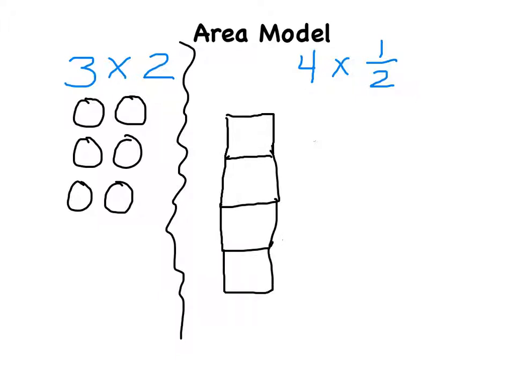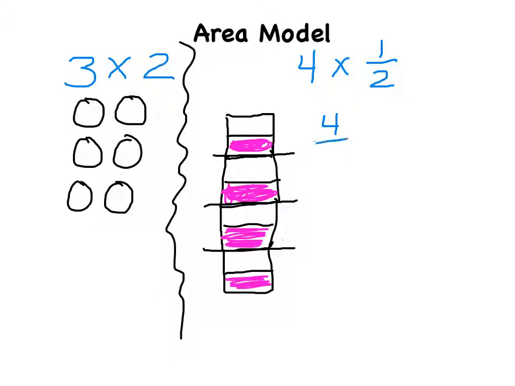But this time we only need a half of each of those. Let me color in that half of each of these. As we can see, we've got 1, 2, 3, 4 of those halves. I'm going to make this a little bit longer so you can separate them out. So again, you're going to have 4 of the halves, so 4/2.